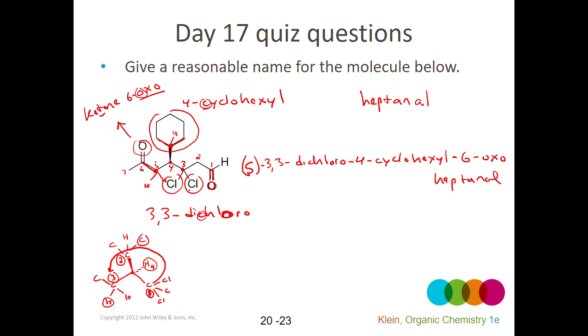Since the aldehyde and ketone both have their own suffixes, -al and -one, I don't have to name the ketone as a substituent. I can also incorporate both suffixes into the parent name. So I could have the parent name be hept-6-one-al.